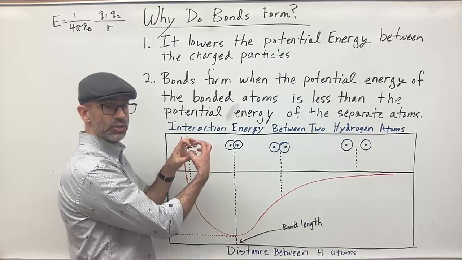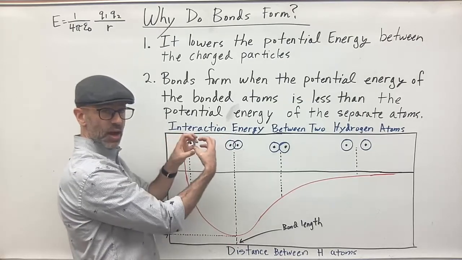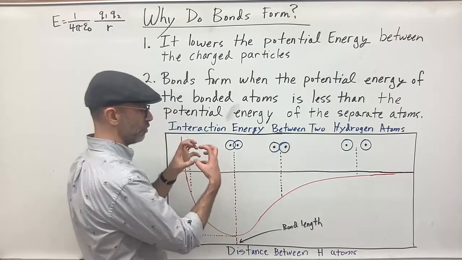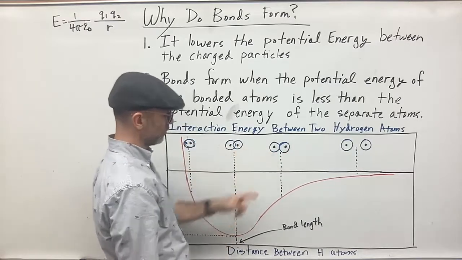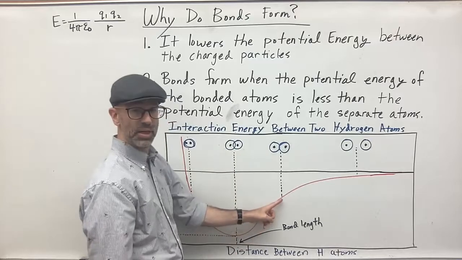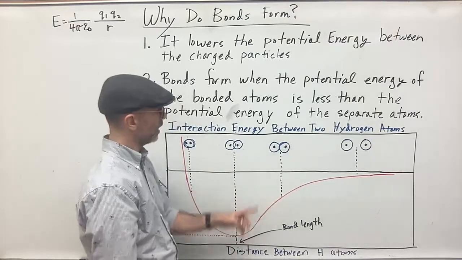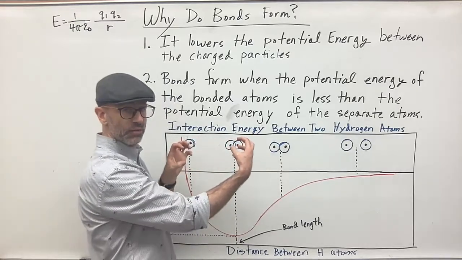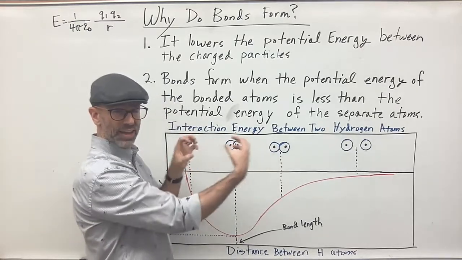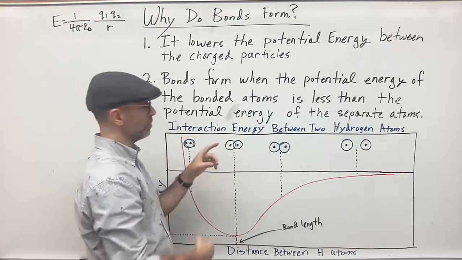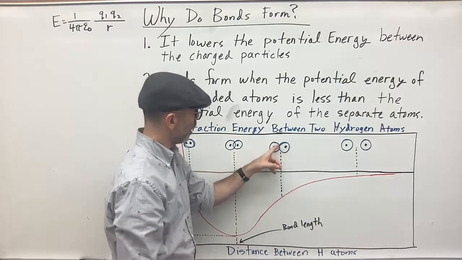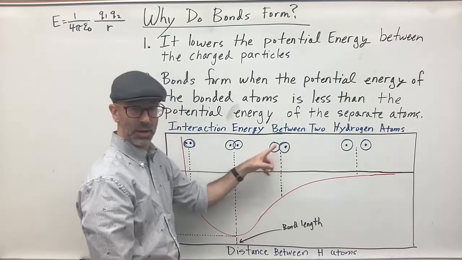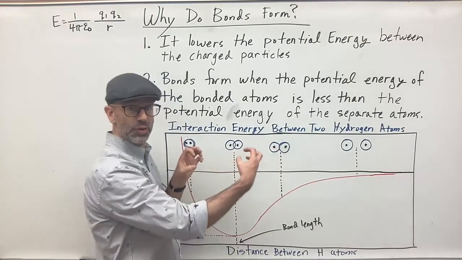But if you start to take these apart, right, so now you're stretching them, removing them farther apart from each other, that's going to cause the potential energy to go up again. You're separating the positively charged nuclei, which lowers potential energy, but at the same time you've got this attractive force between the electrons and the positive nuclei, so you're removing that as well.